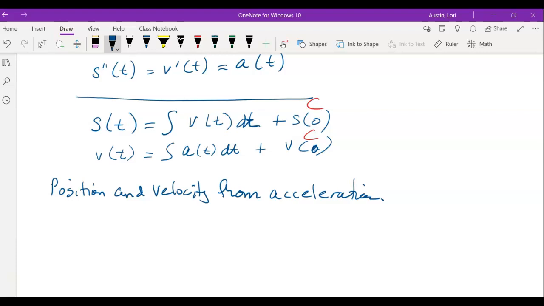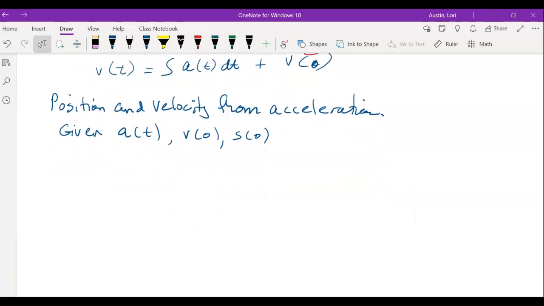If you are given a sub t, and you will need to be given v sub 0 and s sub 0, if you are given all of that information, you can actually come up with your velocity function and your position function. Not even that hard. All right, so let's do one.